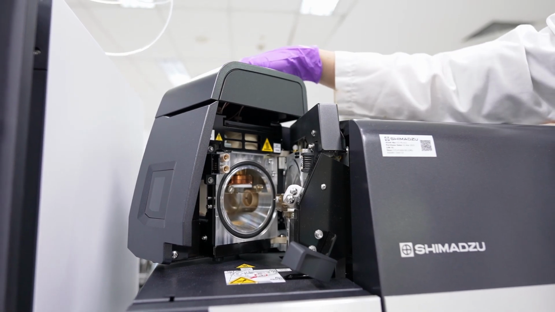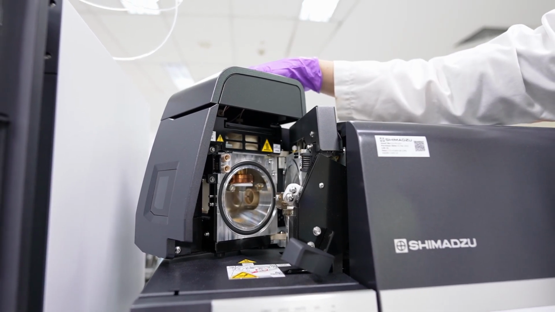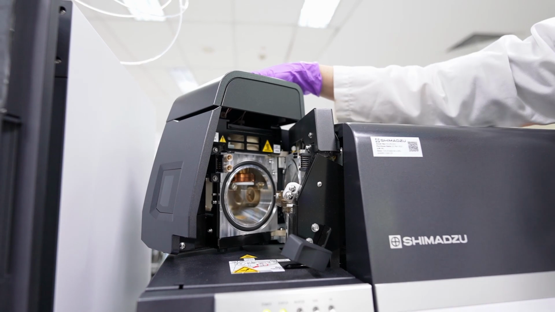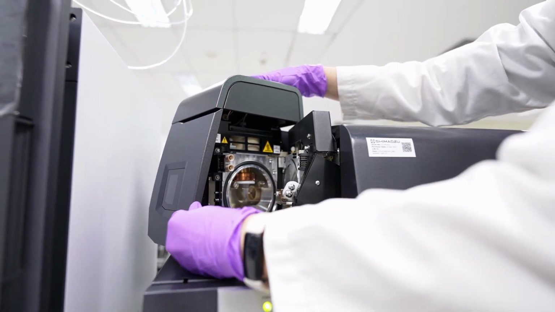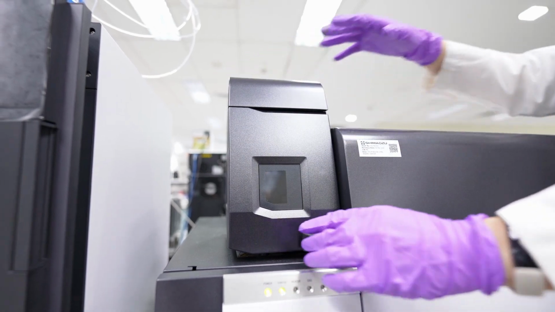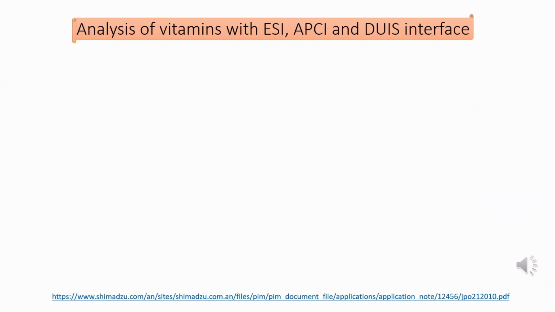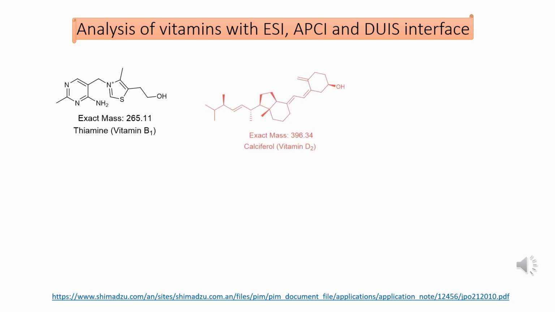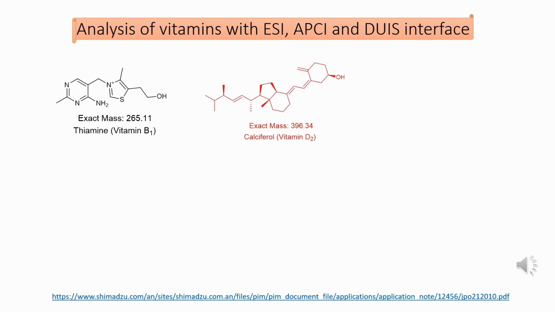Now, let's take a look at the analysis of 3 vitamins with the ESI, APCI, and DUIS interfaces respectively and compare the results. The vitamins used for the analysis are vitamin B1, a cationic water-soluble vitamin, vitamin D2, a neutral fat-soluble vitamin, and vitamin B2, a neutral water-soluble vitamin.